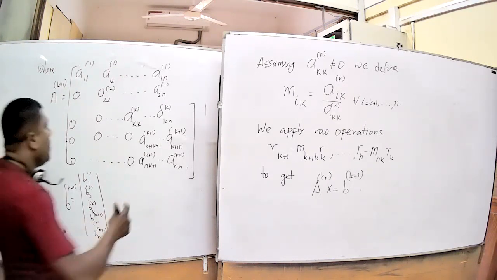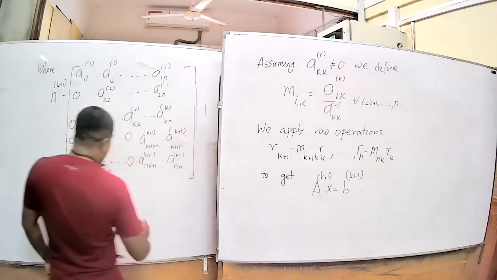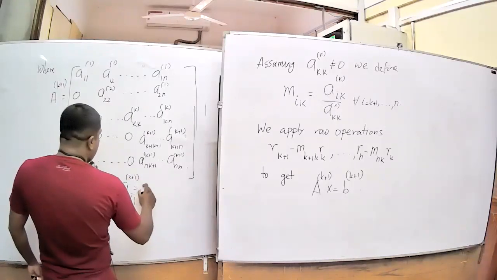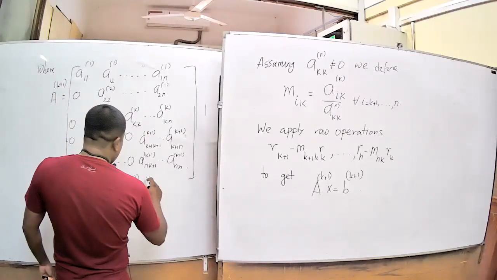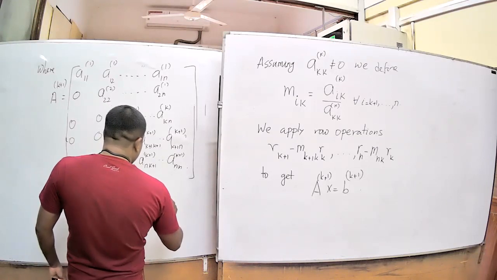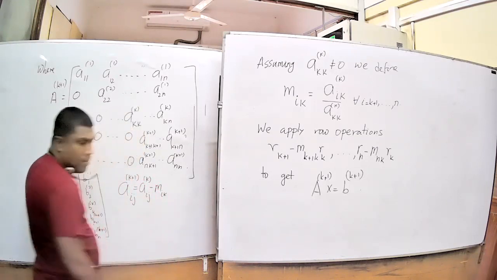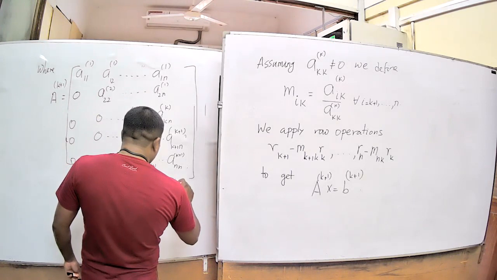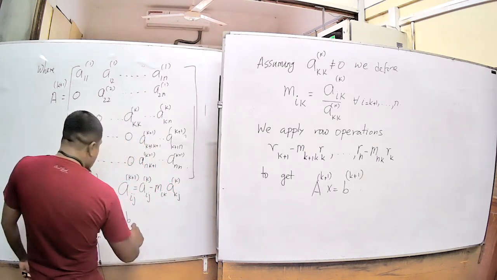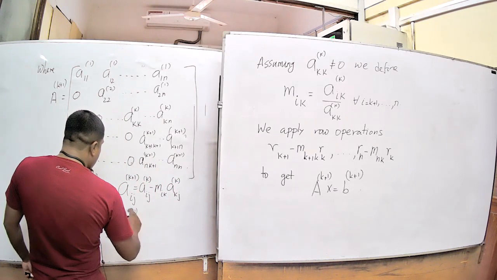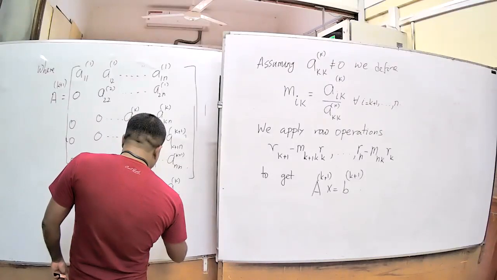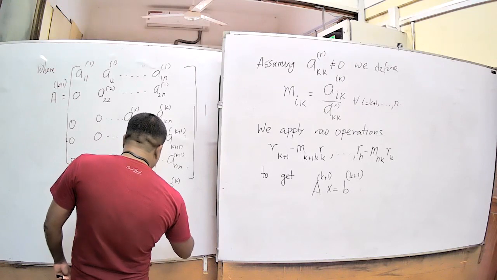Here a_ij^(k+1) is a_ij^(k) minus m_ik times a_kj^(k), and also b_i^(k+1) is equal to b_i^(k) minus m_ik times b_k^(k).